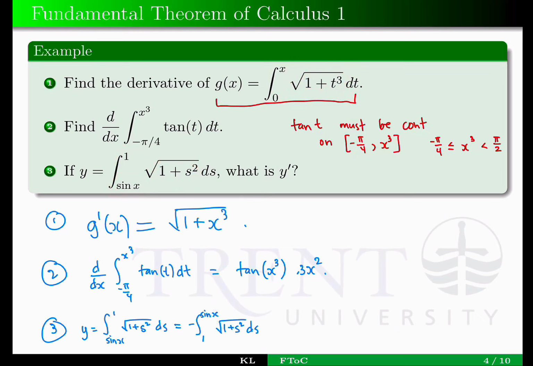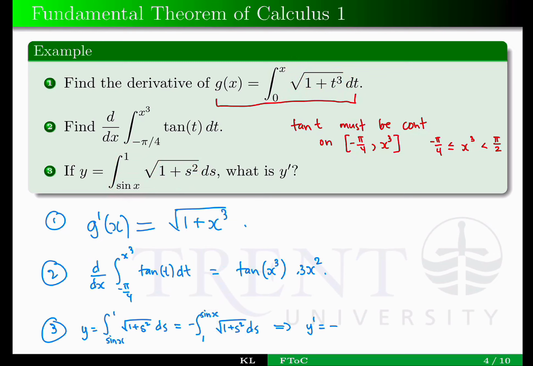Anyway, so since we already have our y written this way, we can now find y prime to be, we still have that negative, and then this is our integrand. We will replace the s here with that upper limit of integration.